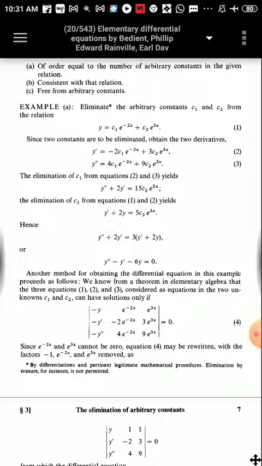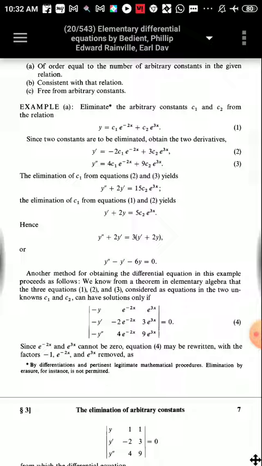Eliminate the arbitrary constants c1 and c2 from the relation y is equal to c1 e raised to the power minus 2x plus c2 e raised to the power 3x. Since two constants are to be eliminated, obtain the two derivatives.